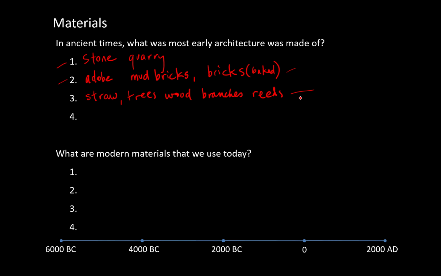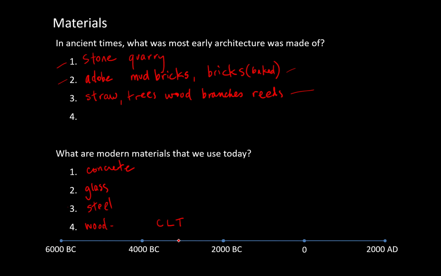Modern materials that we use today, concrete is one of them. Glass, think about big skyscrapers made of glass, steel, and we also use wood today quite a bit, especially in Southern California. And there's some interesting things happening with wood for larger structures, and that's called CLT, or cross-laminated timber.